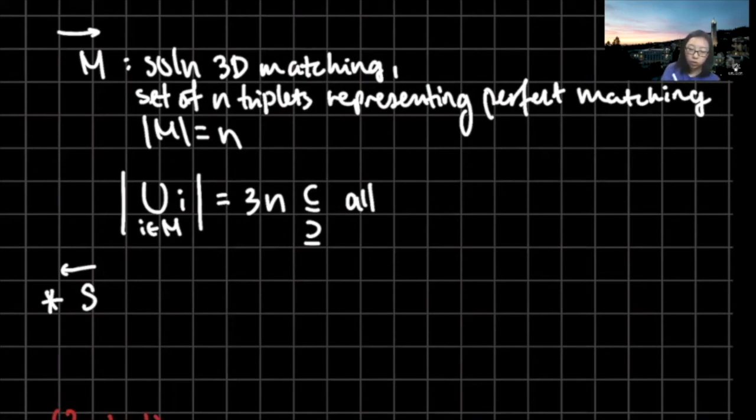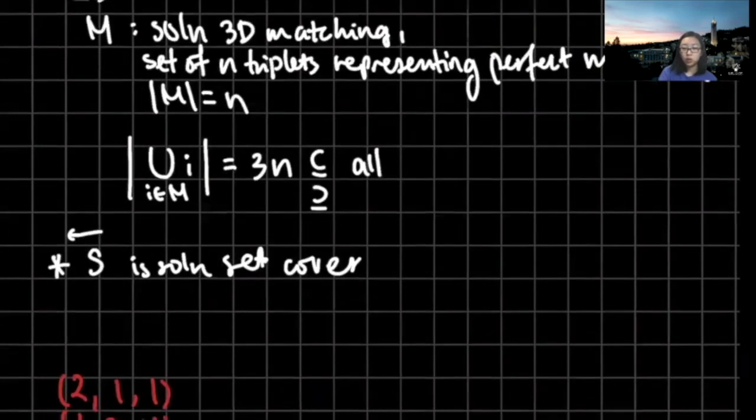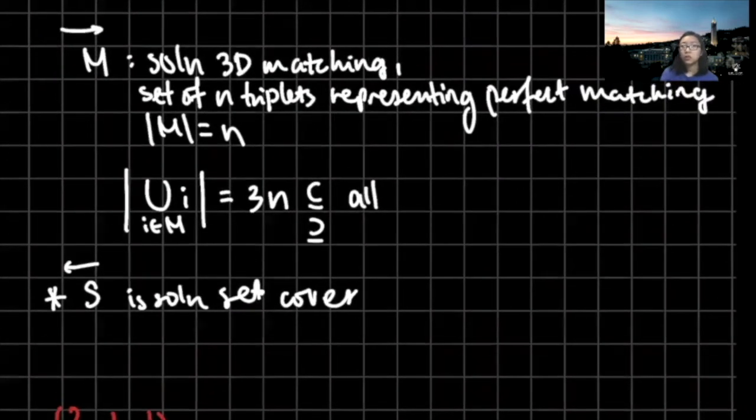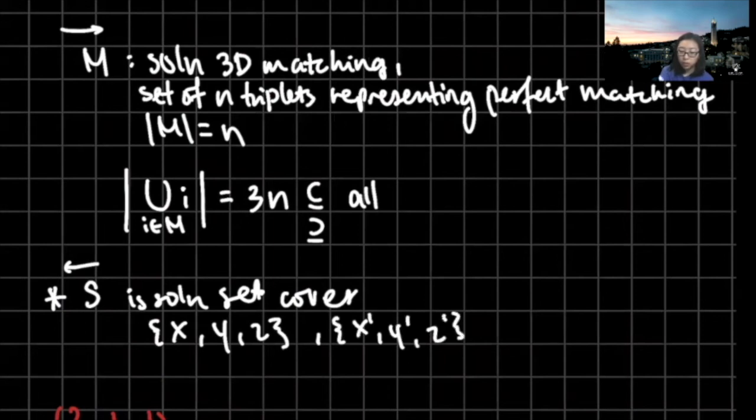All right, so let's assume that S is a solution for set cover. This is very similar to what we did here. All the elements in S are pairwise disjoint because that's the definition of set cover. And they are also element-wise distinct, meaning if you had a set of X, Y, Z and a set of X prime, Y prime, Z prime, then X and X prime are not equal, Y and Y prime are not equal, and Z and Z prime are not equal.